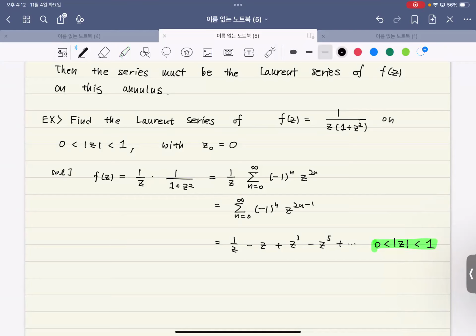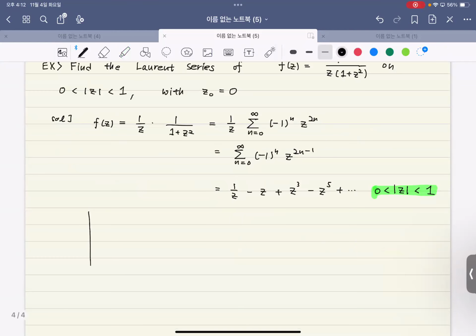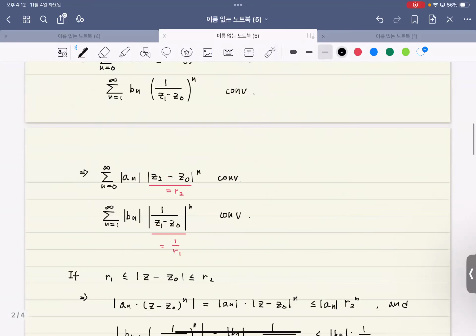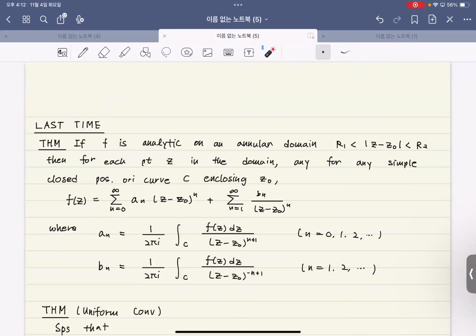And just one more thing. I want to talk about the maximum radius of the inside and outside radius of the Laurent series. So what do I mean by that? When we are talking about the Laurent series, the domain of the Laurent series must be an annulus, right? So that means we have the inside radius and outside radius.